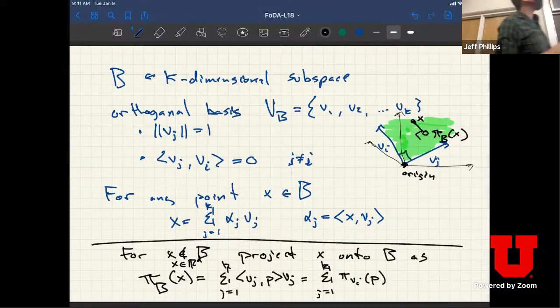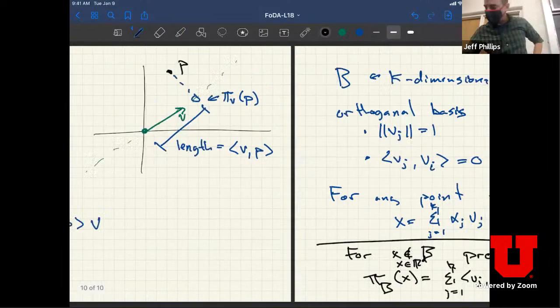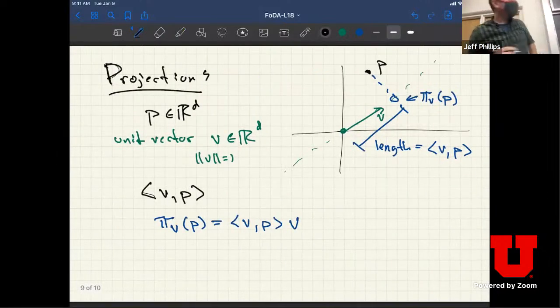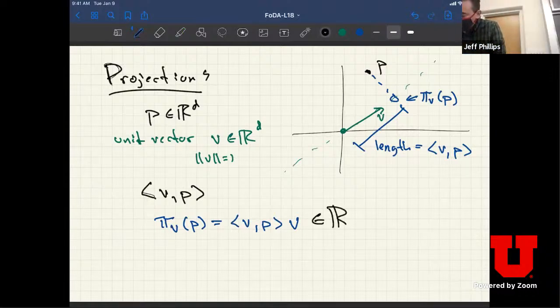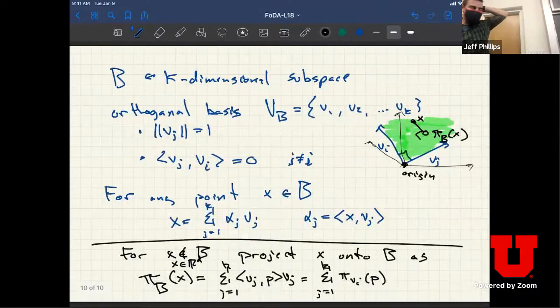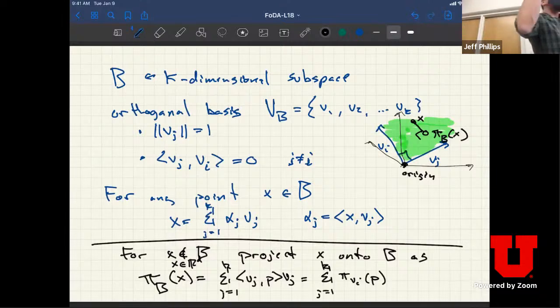When I do this projection onto a single vector, that projection is still a point in R^D, because the dot product is a scalar and V is a vector in R^D. So when I do this, I get these projections where each vector is in R^D, and I add them up.